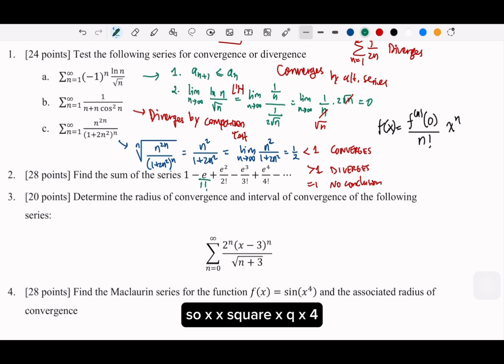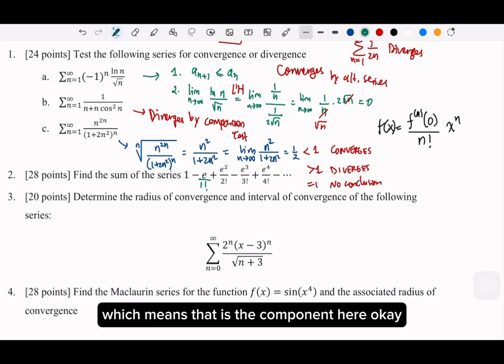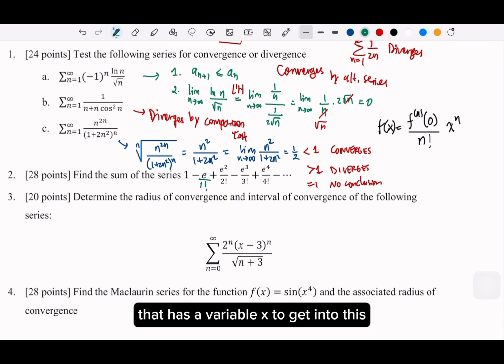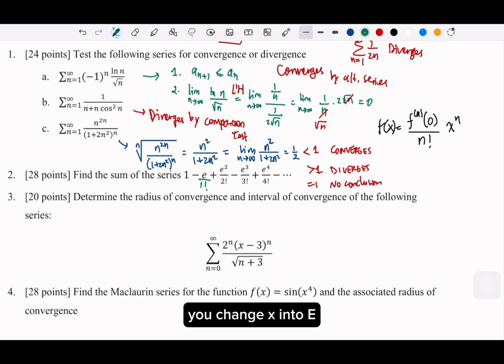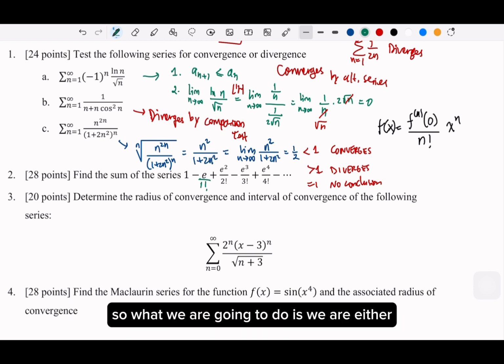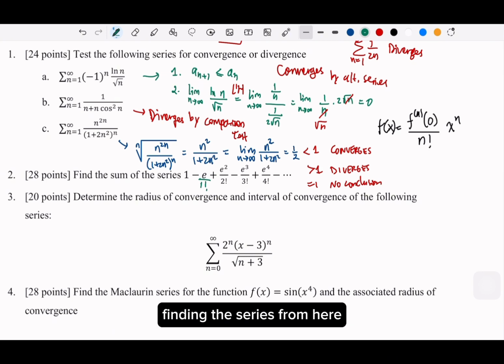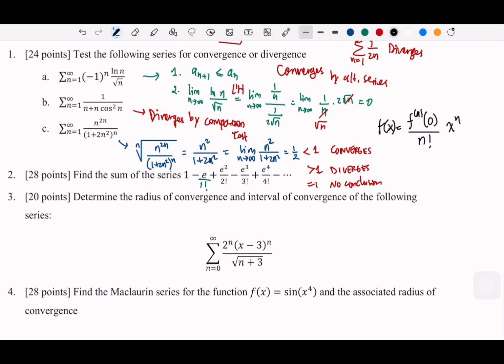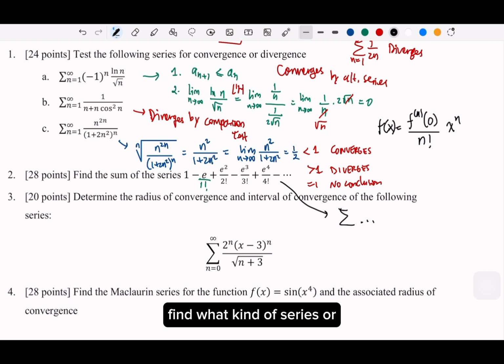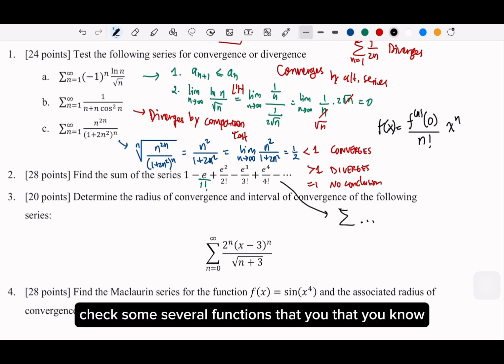If this is x, then x squared, x cubed, x to the 4, which means that is the component here. Which means if you have a function that has a variable x, to get into this, you change the x into e. You get it? So what we are going to do is either find the series from here, or check several functions that you know.